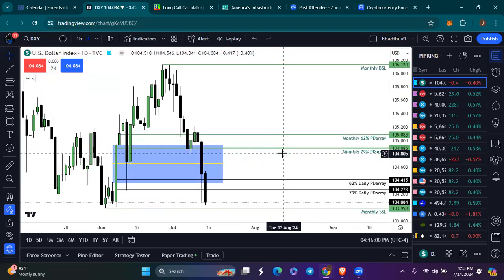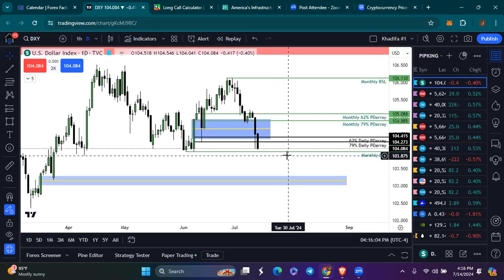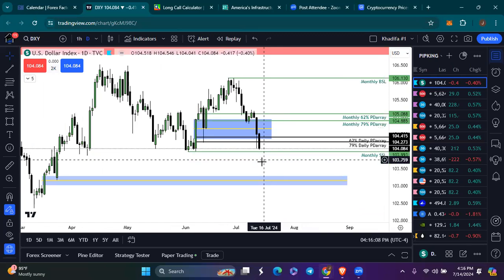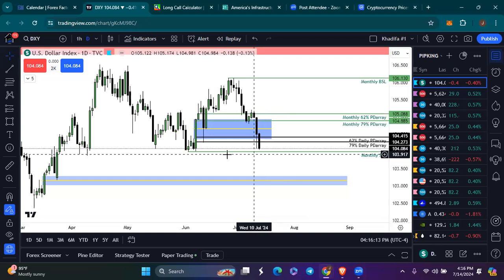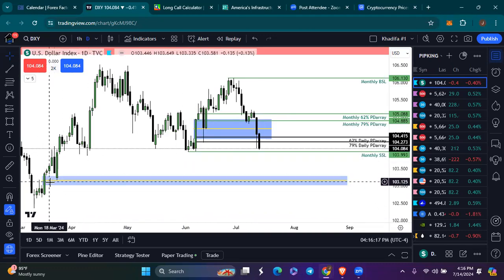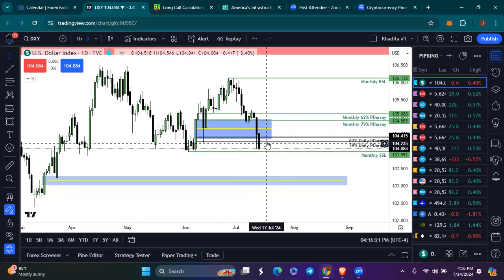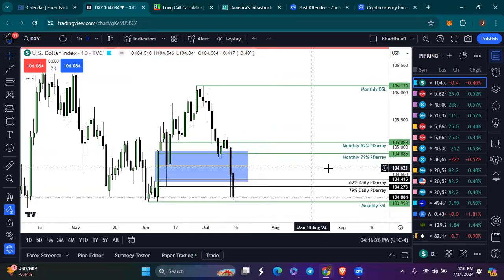Had we not had the news or the assassination attempt on Trump this weekend, I would say that the dollar is gonna open up bearish, right? And continue to run sell side liquidity and potentially make a run for this daily fair value gap this upcoming trading week, right?